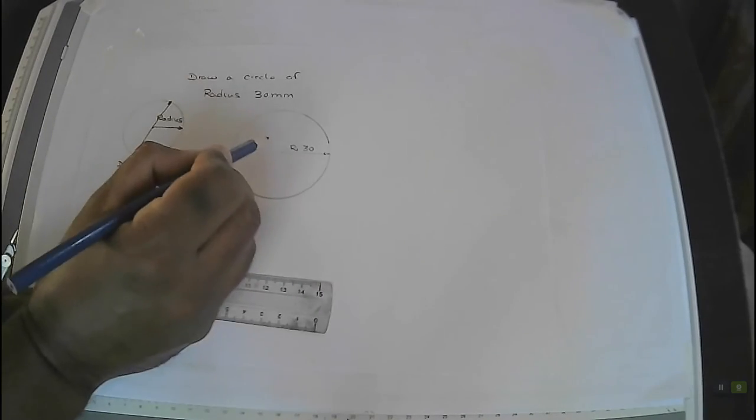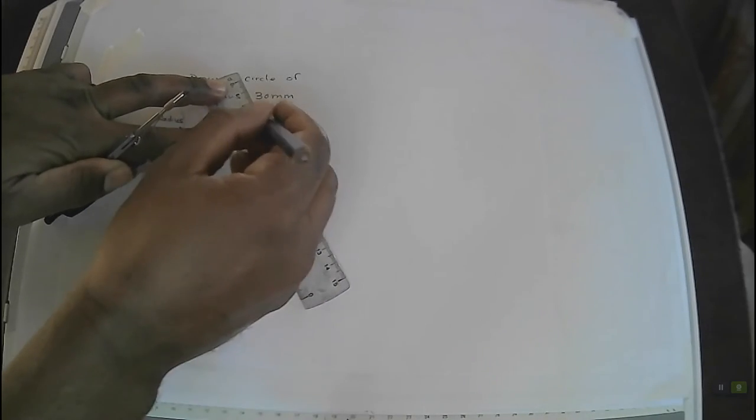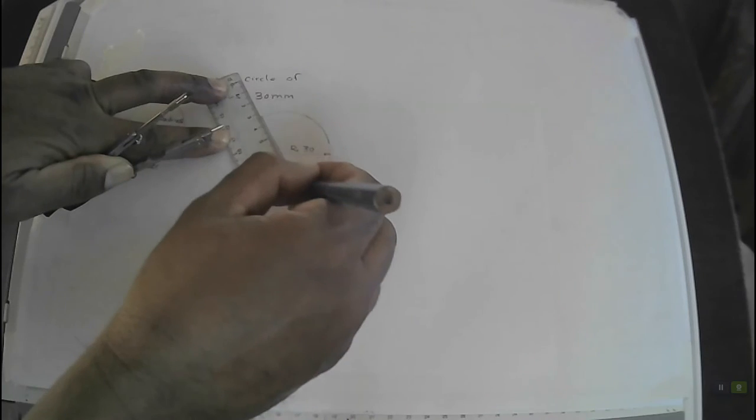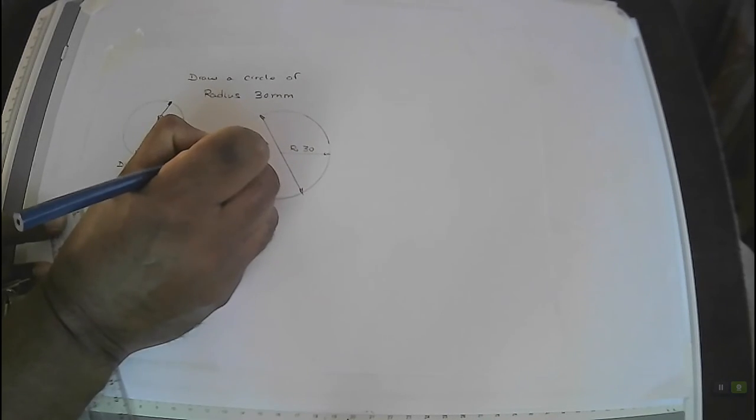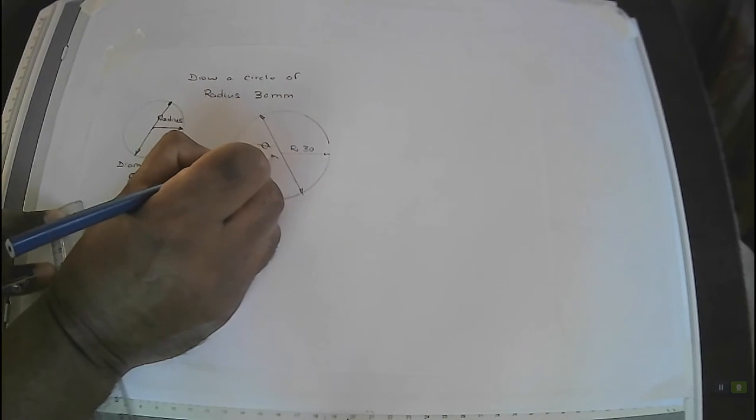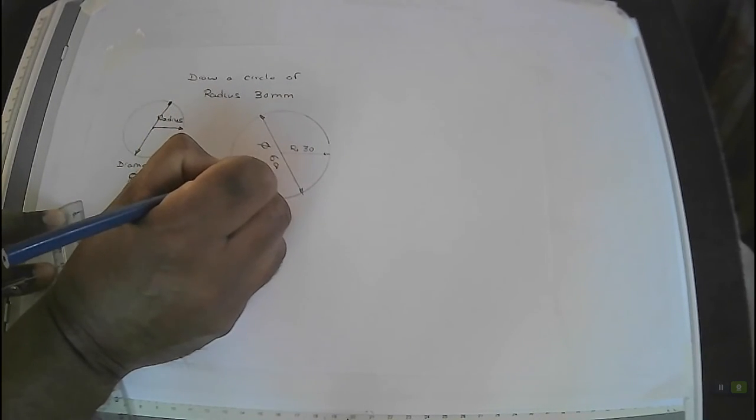At the same time, if I draw a line from here passing through the center up to here, it makes a diameter of twice the radius, which is 60 millimeters. So this is how we draw a circle with accurate measurements.